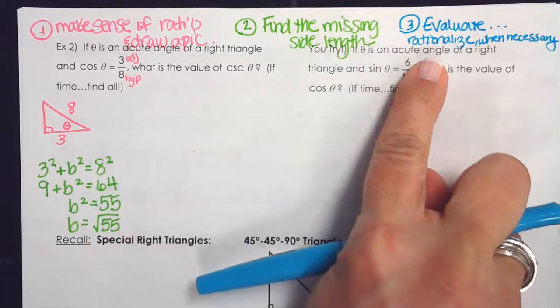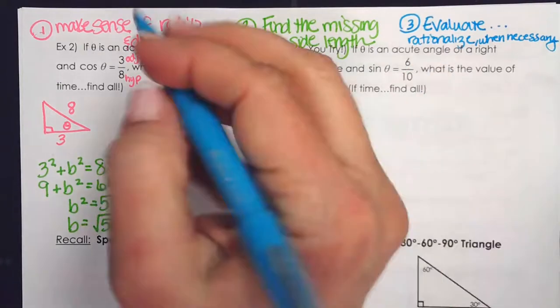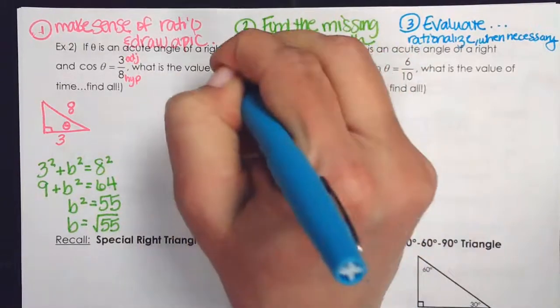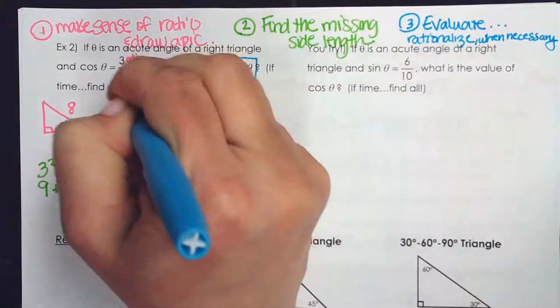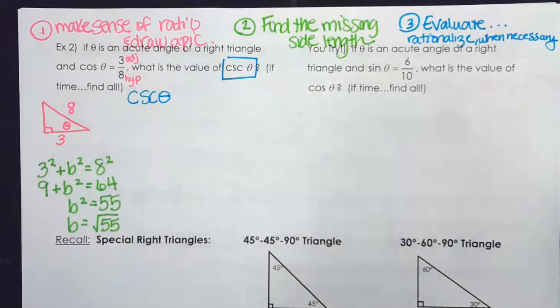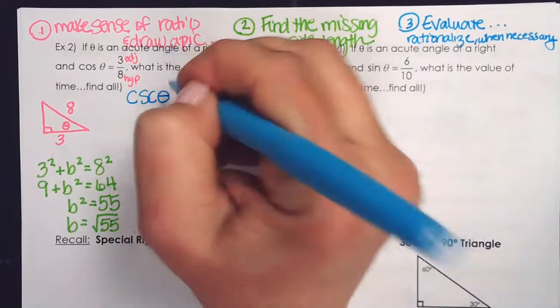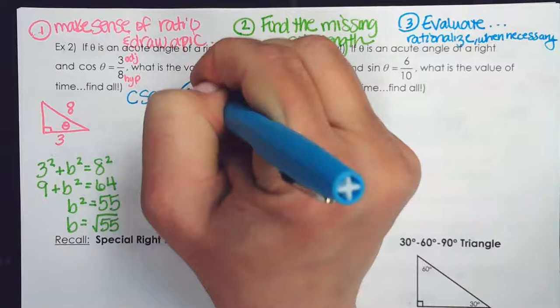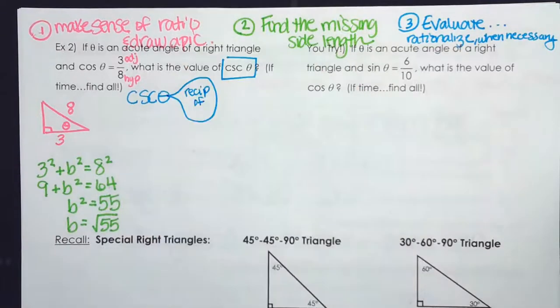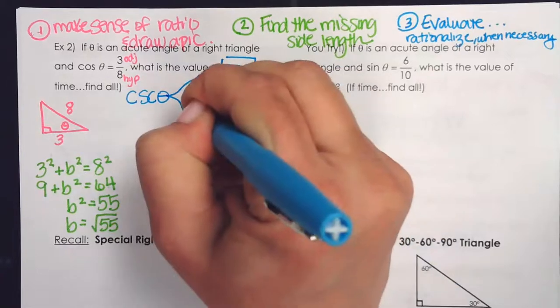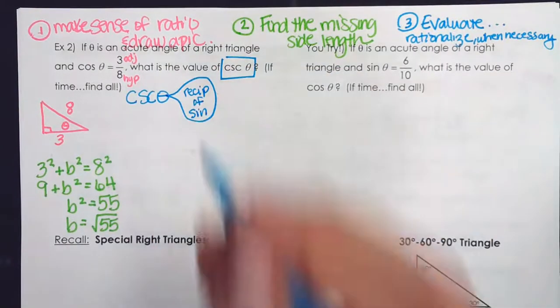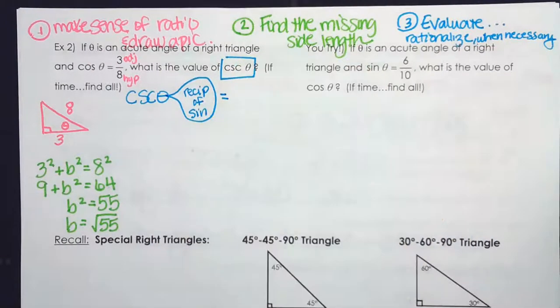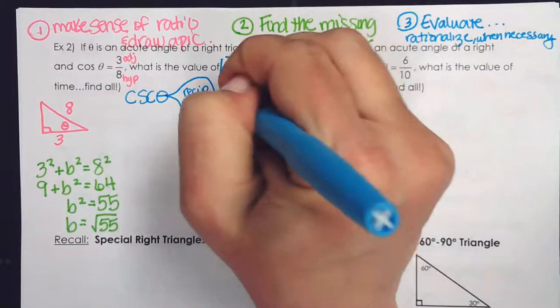Well, now it's asking us to evaluate. This is asking me to find the value of cosecant theta. Okay. Now this is one of our new trig functions. So what we might think to ourselves is, what was cosecant the reciprocal of? Sine. And we knew that sine was opposite over hypotenuse.